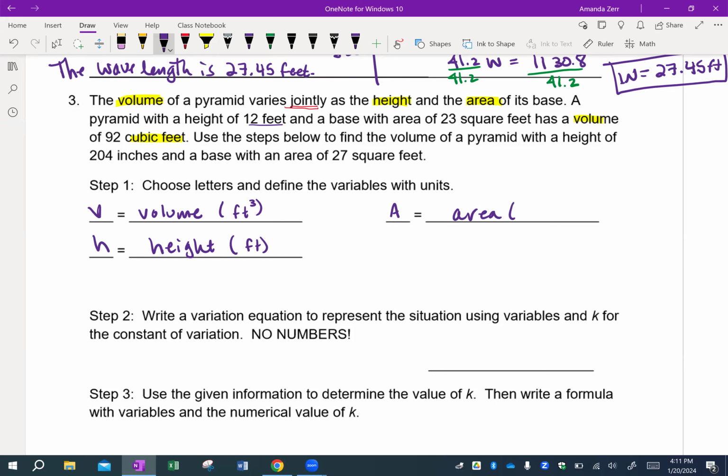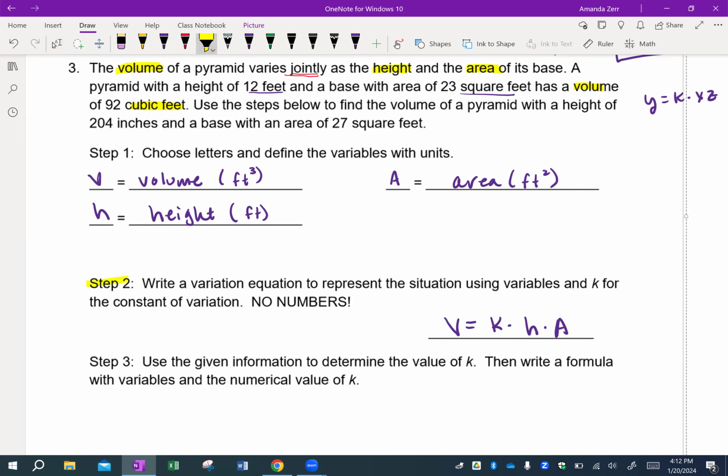And area is square feet. Lots of feet. All right, now varying jointly, that makes me think of y equals k times x z, but our story is not about y's, x's, and z's. It's about volume and height and area.